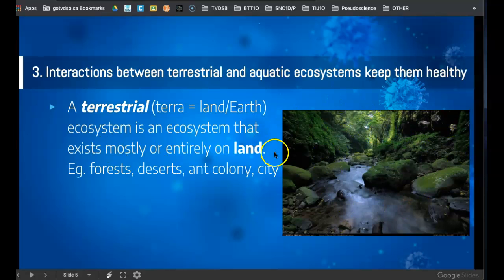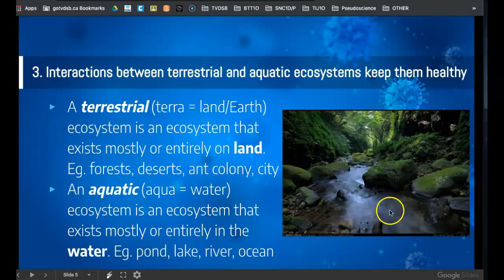So we have here an example where if we look just at this space, it looks like a pretty good mix of water and land. It's a little hard to tell. But if we were to look at a whole forest and there was a small stream running through it, well, we would say that forest was mostly land. It's mostly terrestrial. There is some water in there, but it's mostly land. So that would be a terrestrial ecosystem.